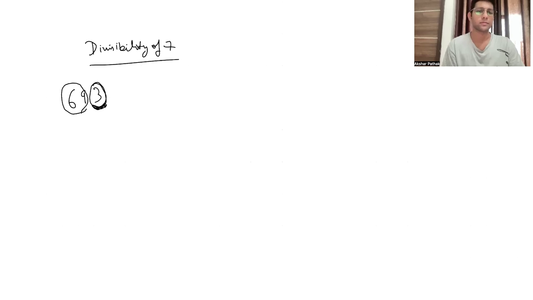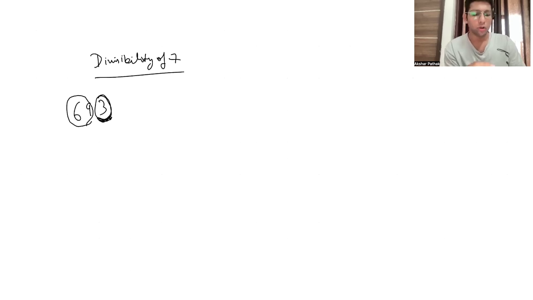Let's say I'm given a number, 693. You group the last digit, and you group the last two digits. So what did you do?